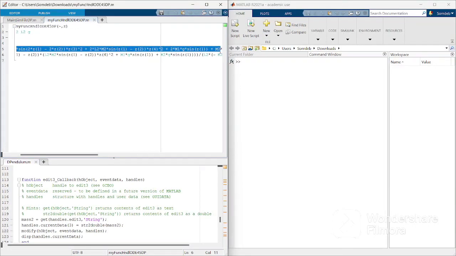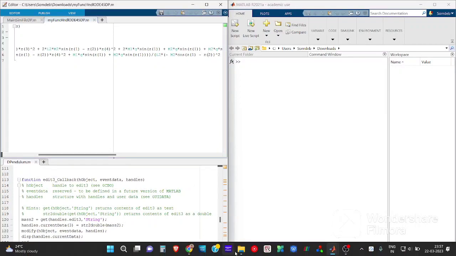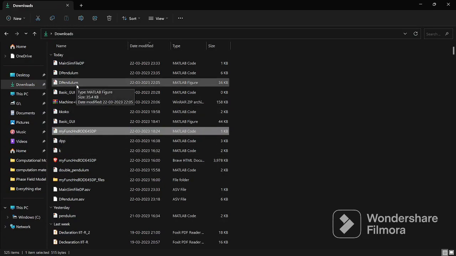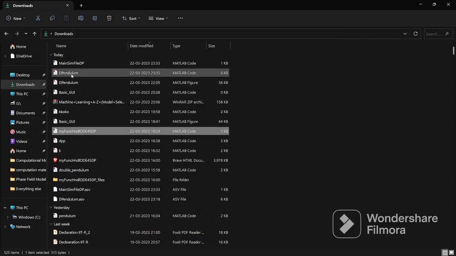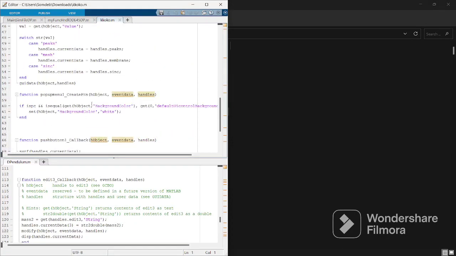I have simplified it using another file. Let me show you the Lagrangian one. Where is that? Basic GUI, not double pendulum, maybe this one.